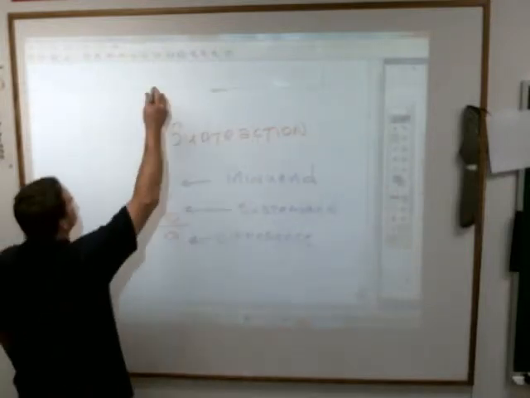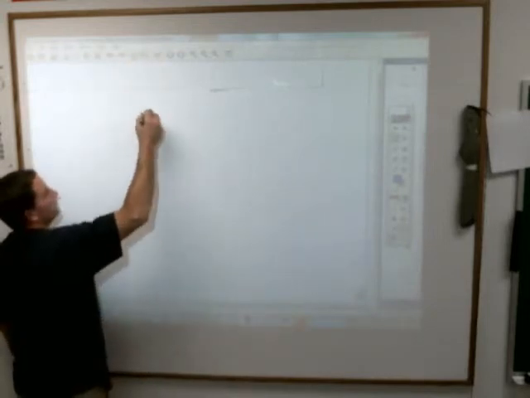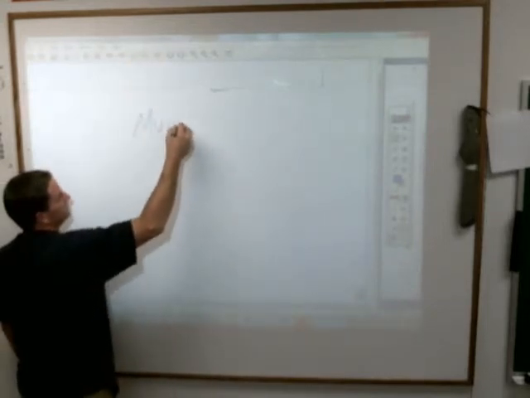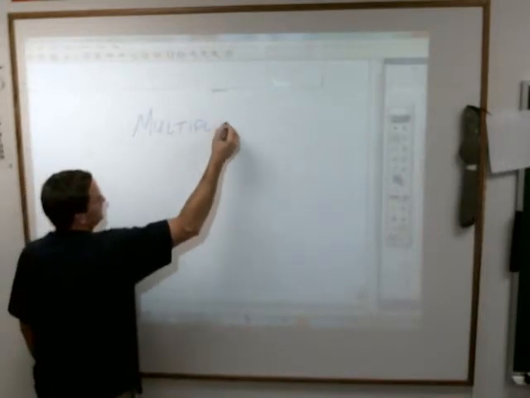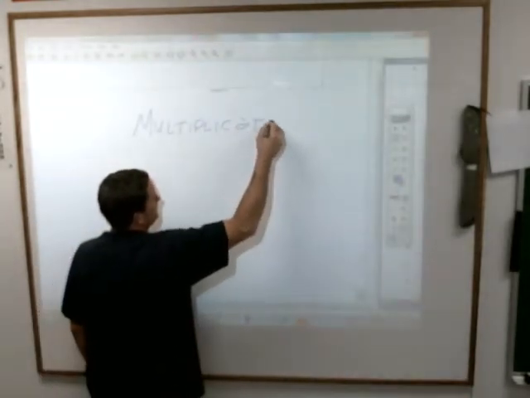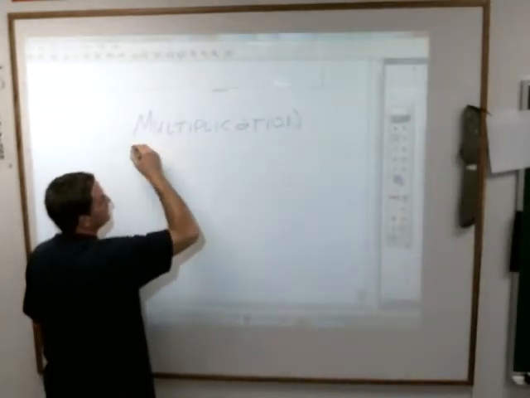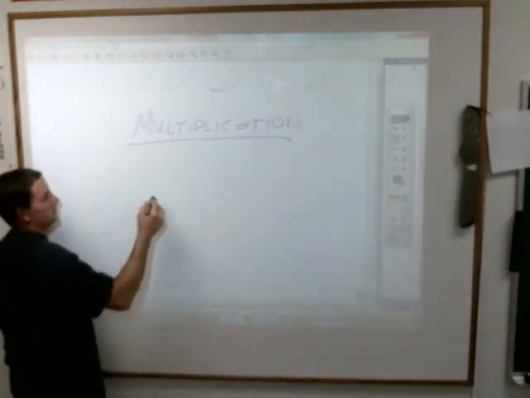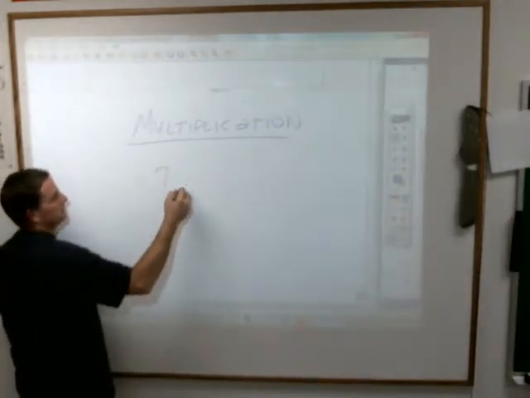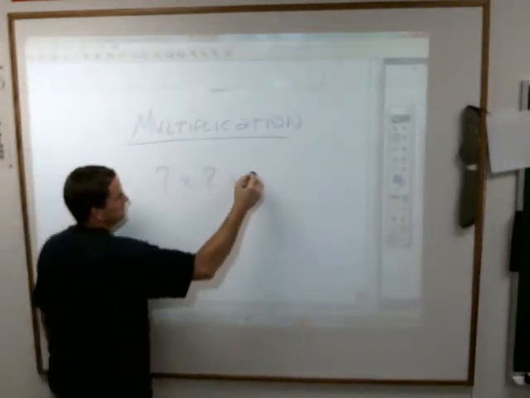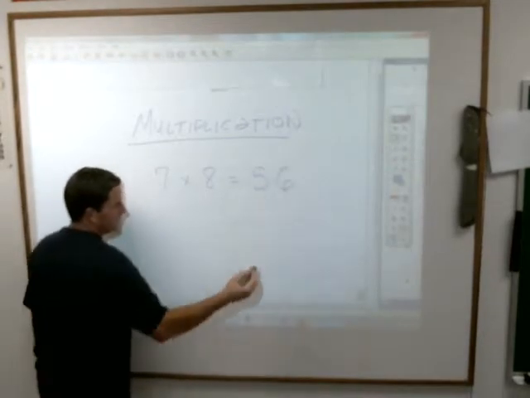Everybody's good with that? Then we've got multiplication. That's an easy one. Under multiplication, let's say you have 7 times 8 is 56.